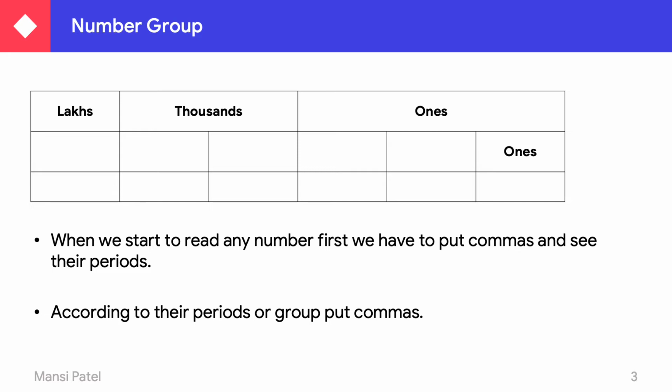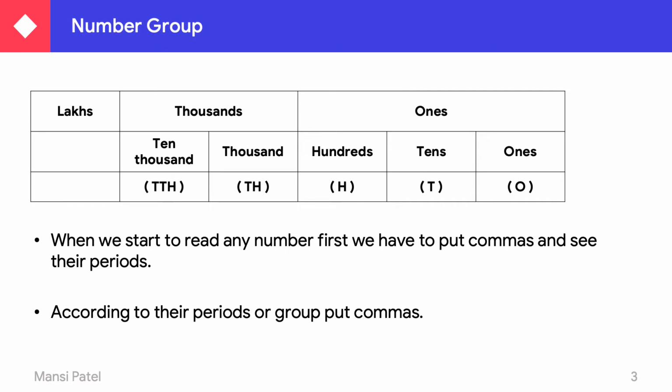Ones place, the unit place, is denoted by O. Then tens place is denoted by T. Then hundreds place is denoted by H. Then 1,000 is denoted by TH. Then 10,000 is denoted by TTH. And after that there is a lakh, denoted by L.